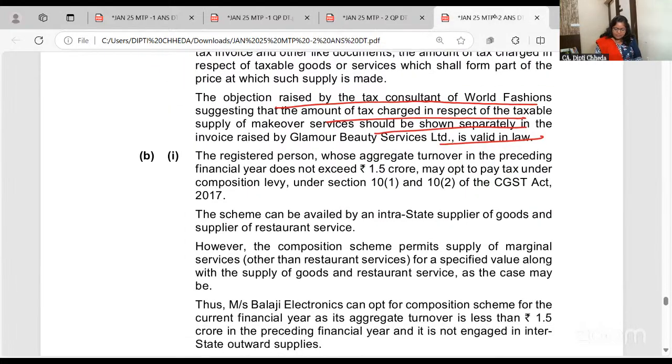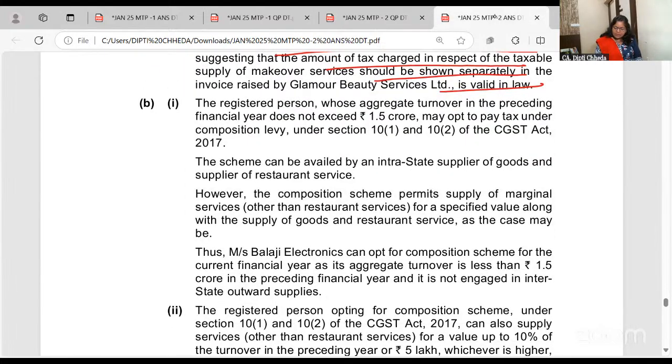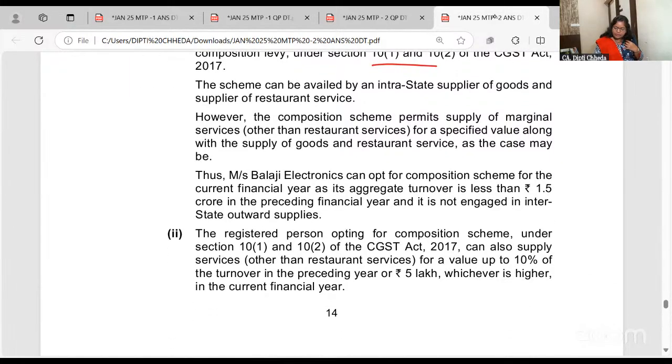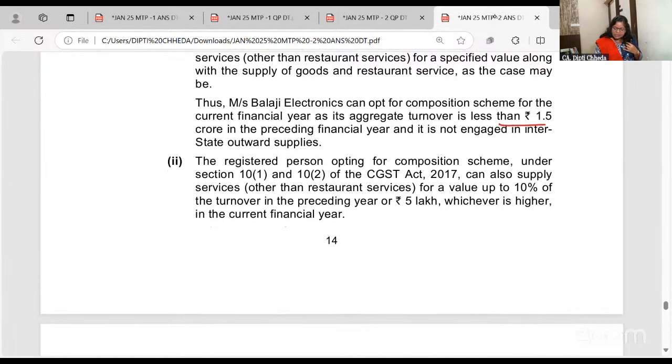Okay, so very nice question. Yes, they can. A registered person whose aggregate turnover does not exceed 50 lakhs can go for this. That's the first answer.